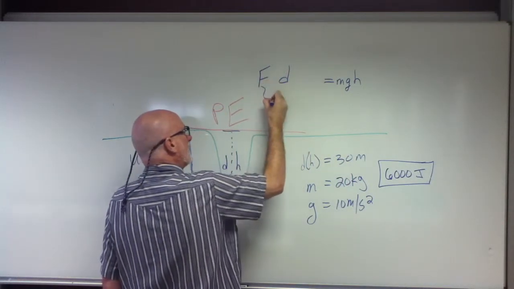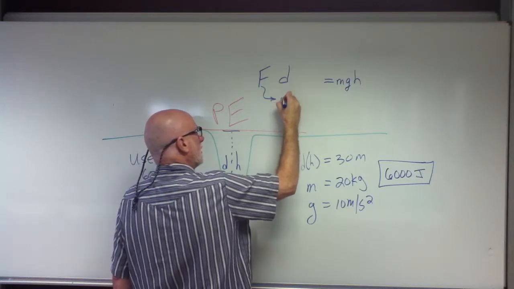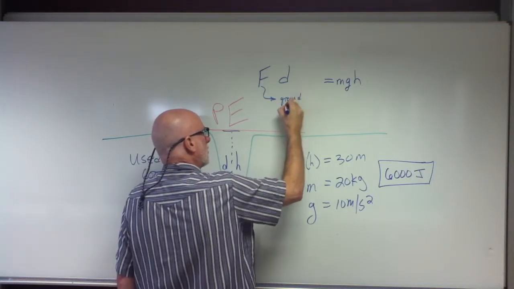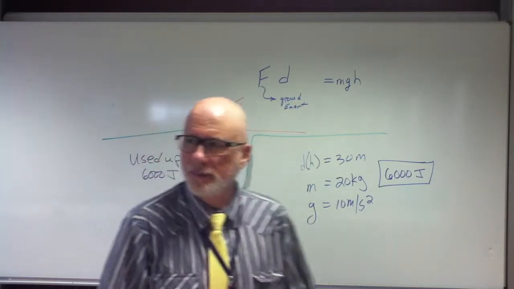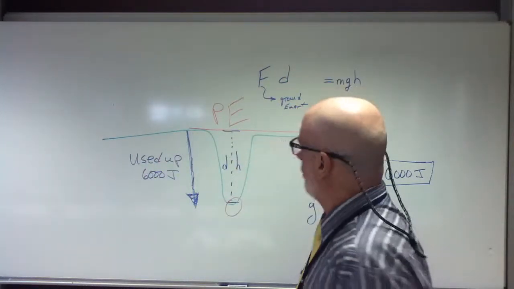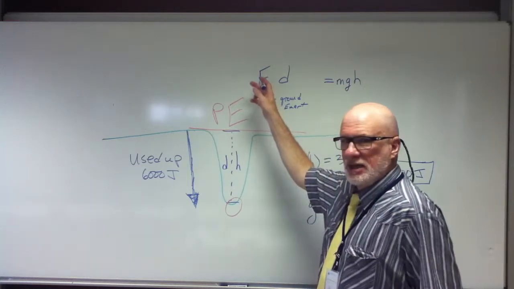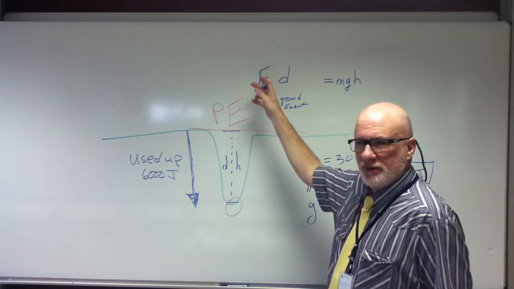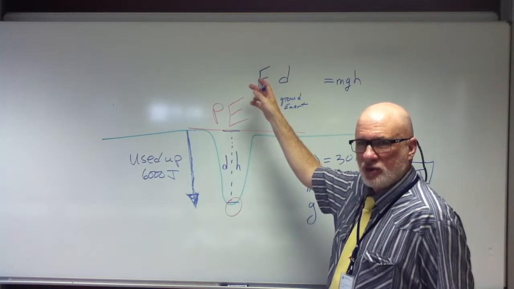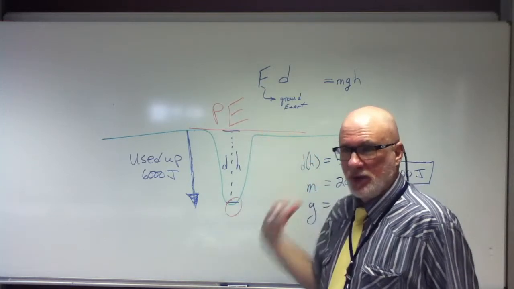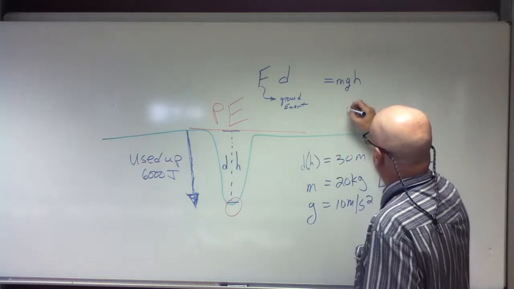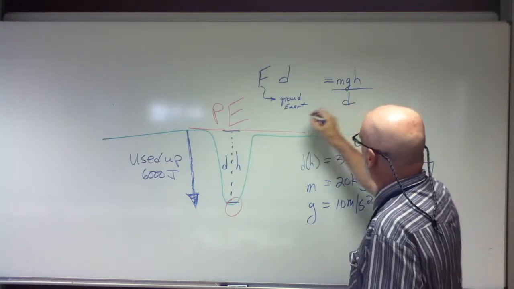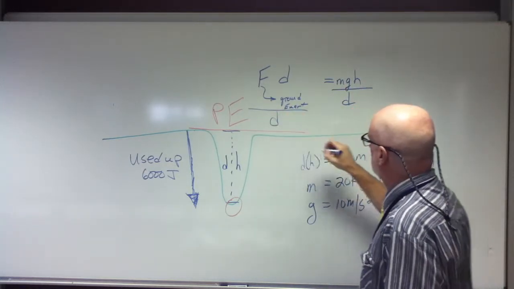And this F will be the force the ground exerts. Distance is... correct? So what's the force? We're trying to find that out though, right? But do we know the distance? Yeah. So therefore, I divide both sides by distance.